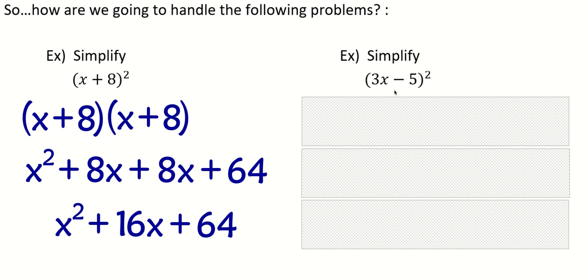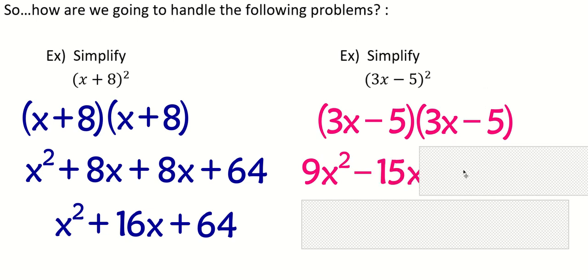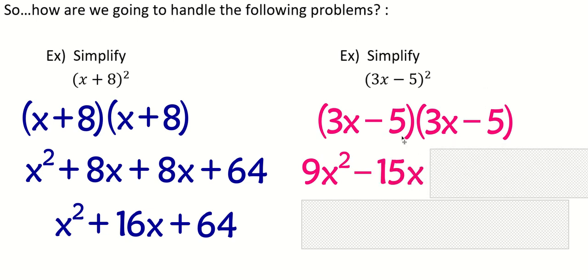Okay? And then likewise here, what does it mean to square this bubble? It means multiply it by itself. I'd write it all out like this, because then it's easier to distribute to get 9x squared, and then what? Minus 15x, we're multiplying.